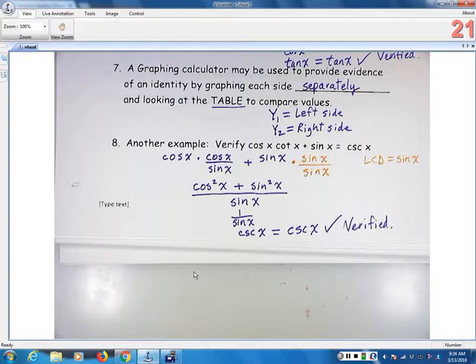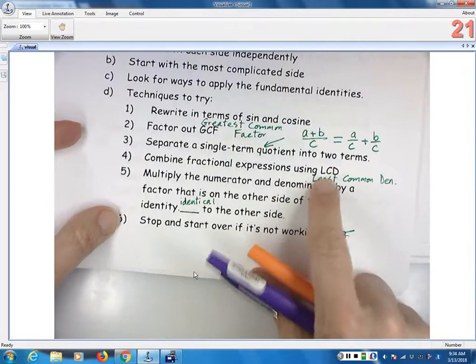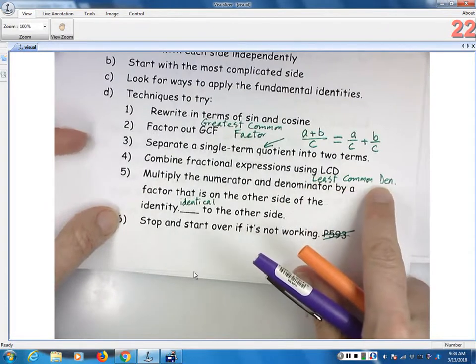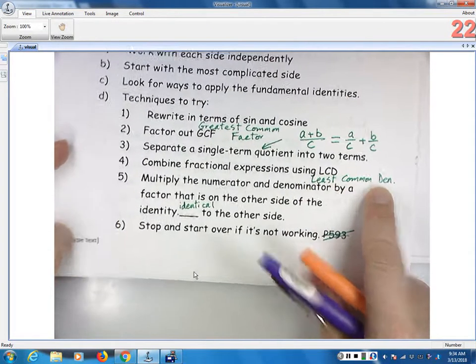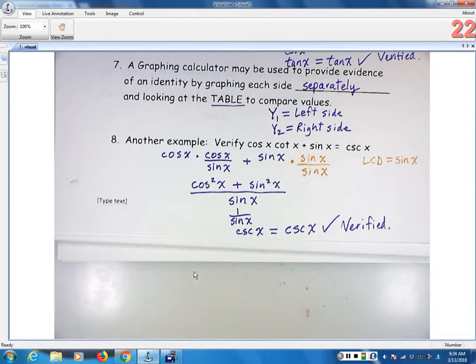So we were combining fractional expressions using the least common denominator. That's an example of doing that, and there's more examples in the book.